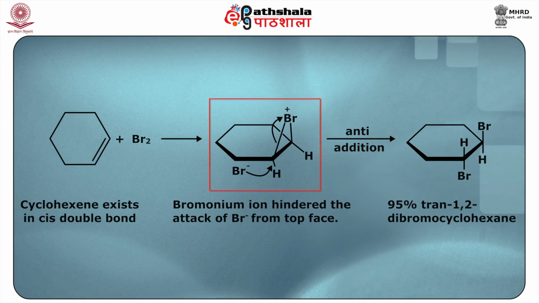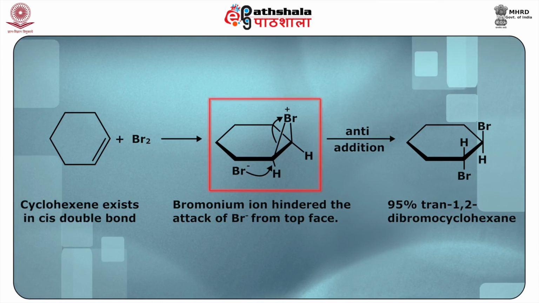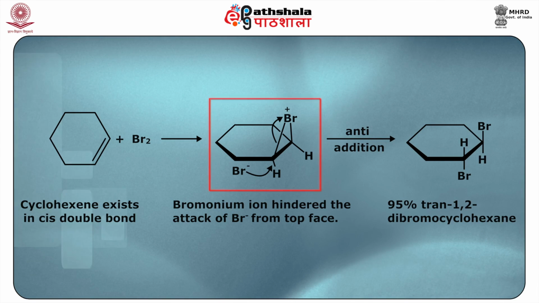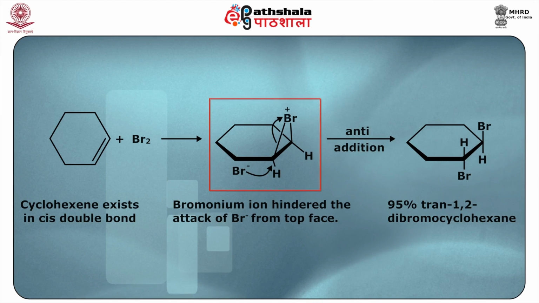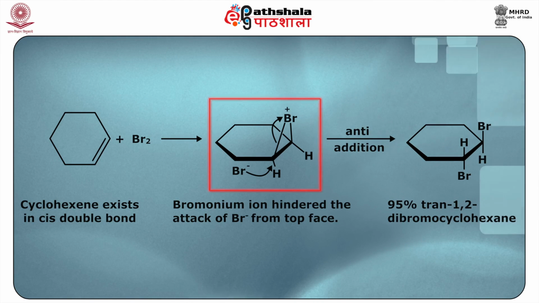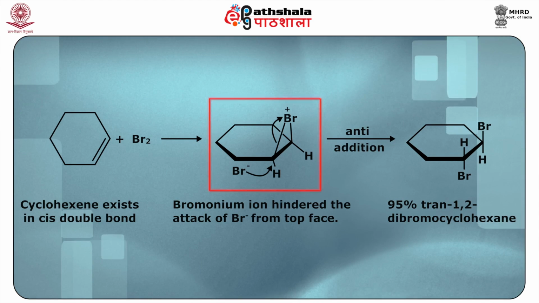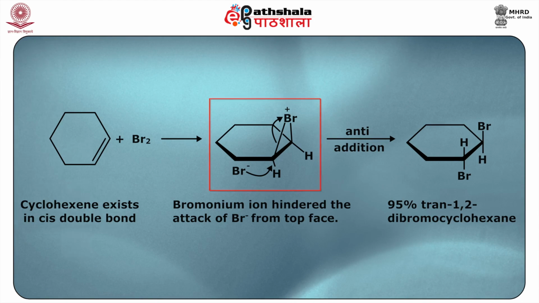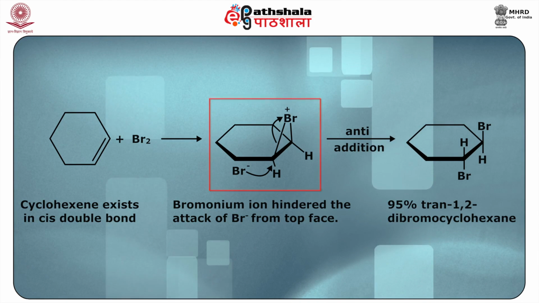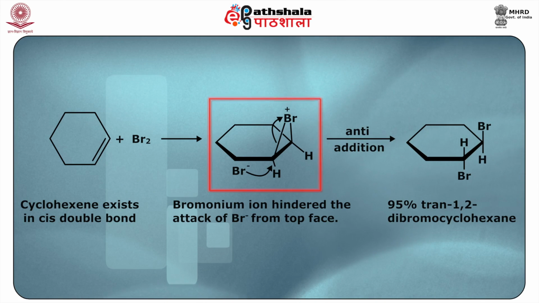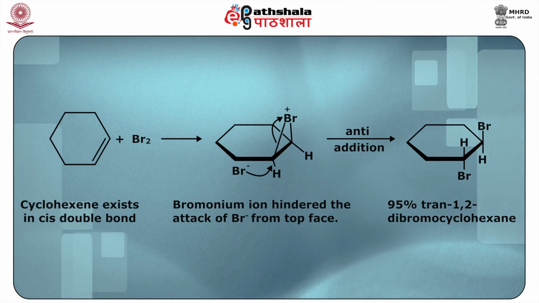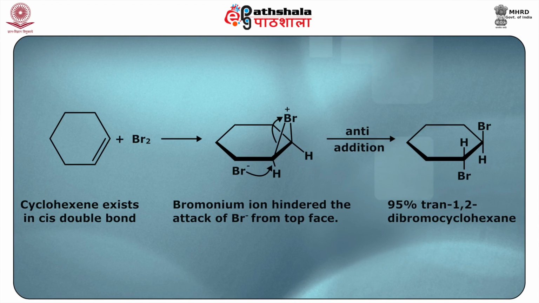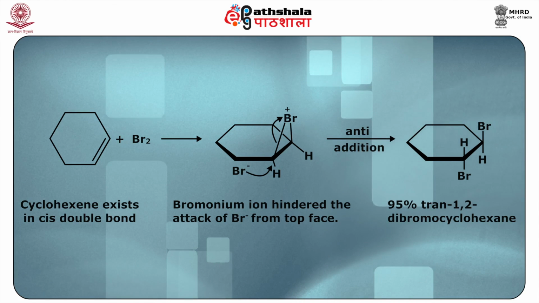Since cyclohexene exists in cis isomeric form, it cannot exist in trans isomeric form; it has to have a cis stereochemistry. So it leads to the formation of an intermediate in which the front side attack, that is the top face of the bromonium ion, is completely hindered and there is no formation of the cis product. Thus, this reaction is an example of a stereoselective reaction.